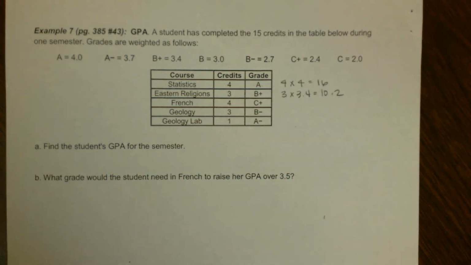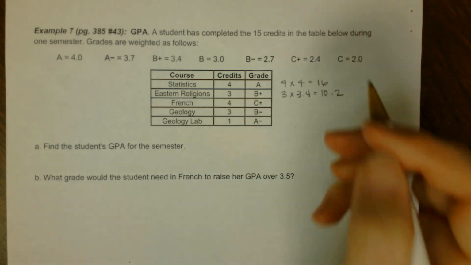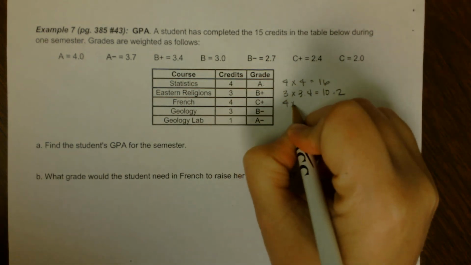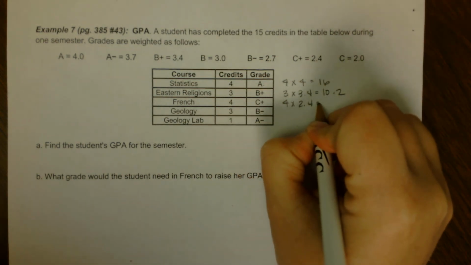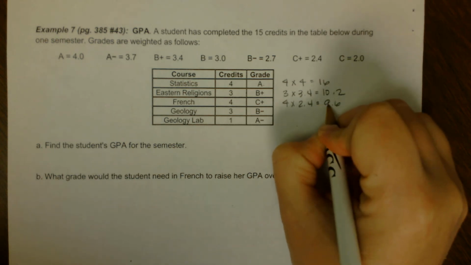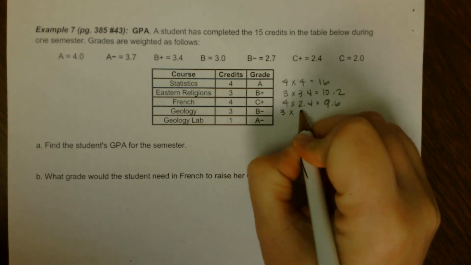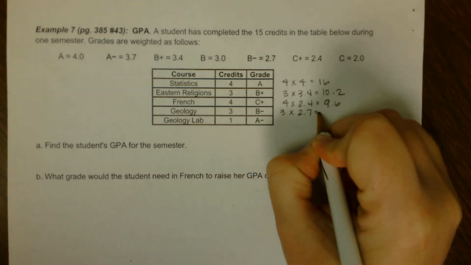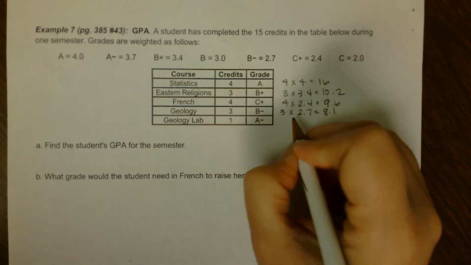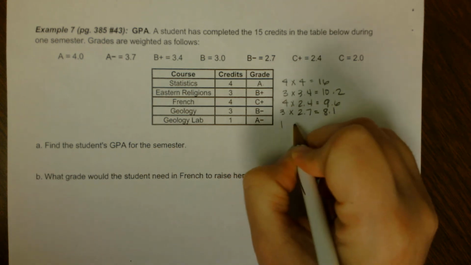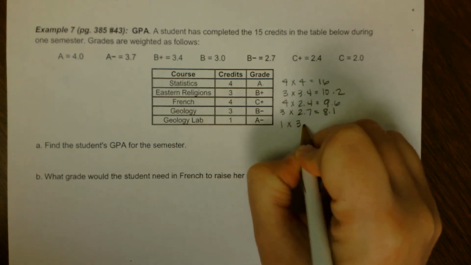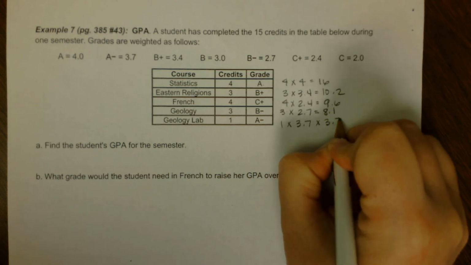French is 4 credits, and a C plus gives you a 2.4, so that's 9.6 grade points. This is 3 credits, and a B minus gives you 2.7, so that's 8.1 grade points, and this is 1 credit for GeoLab, and an A minus gives you 3.7, so it's a 3.7 grade points.